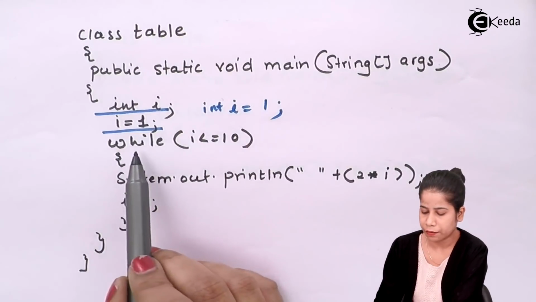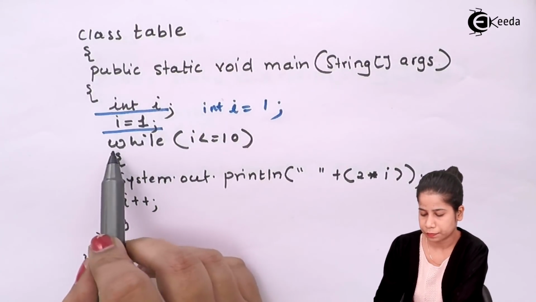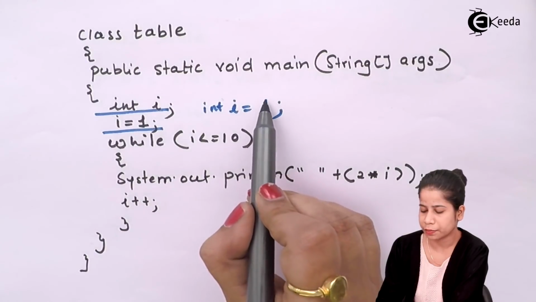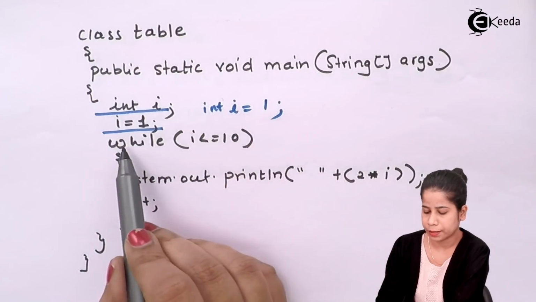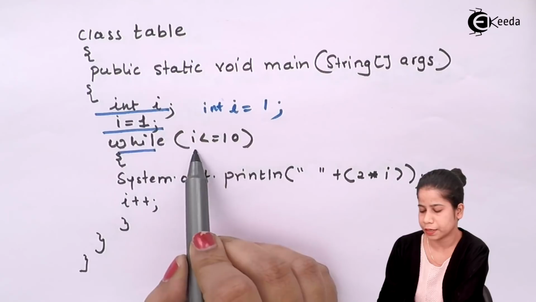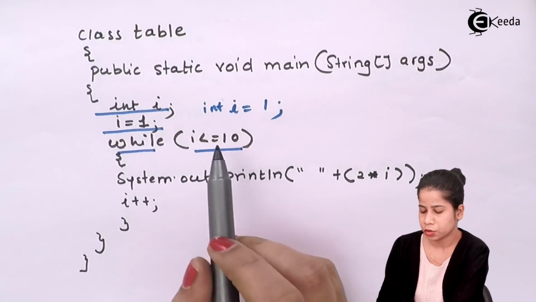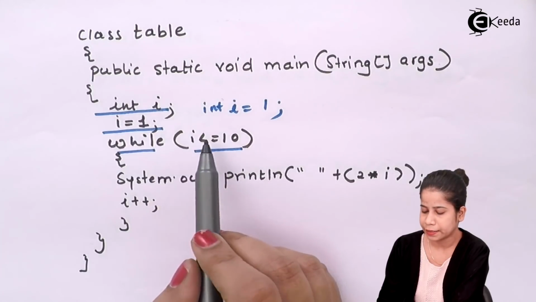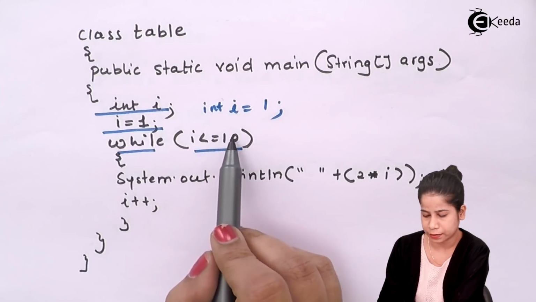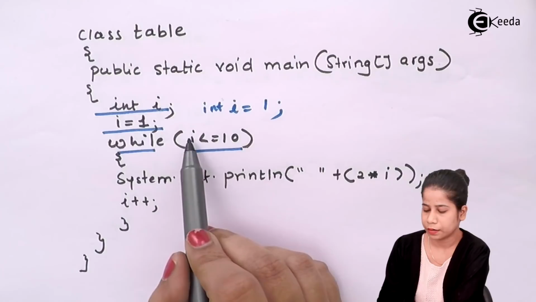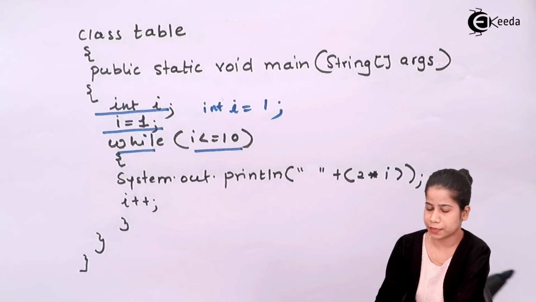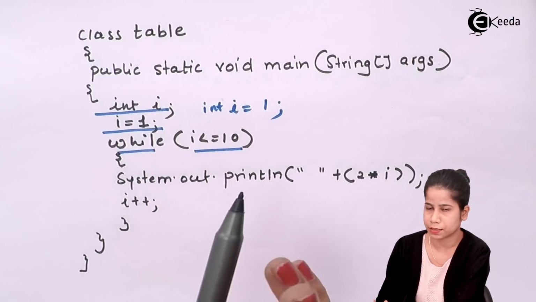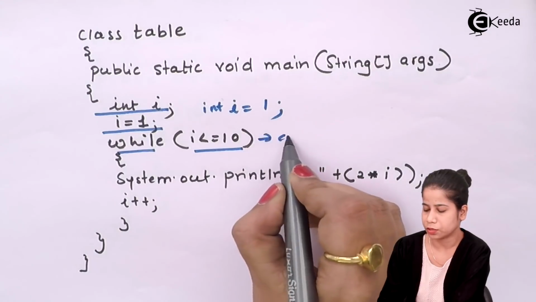After this, my initialization is done. Then I have the while statement, and inside it a condition. My condition says that till i is less than 10, I have to perform the task.